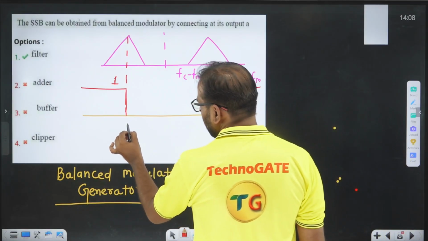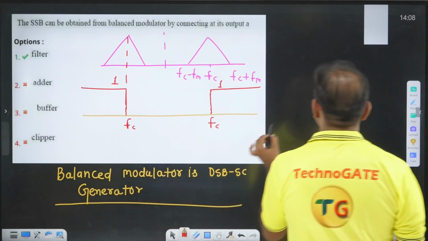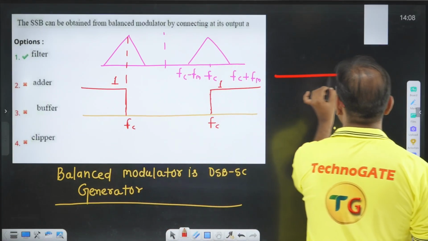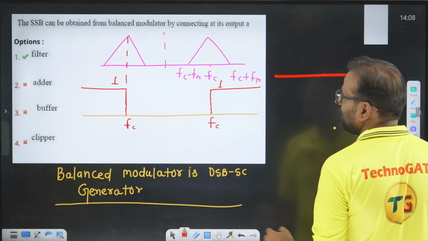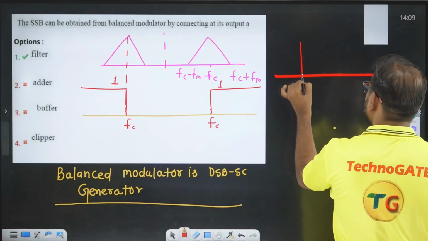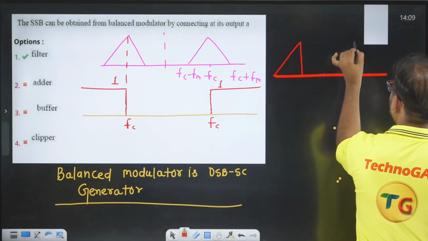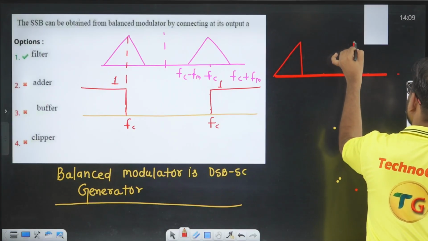So when you use the high pass filter, what kind of expression are you having? This kind of expression you are having. We are having this and we are having this.